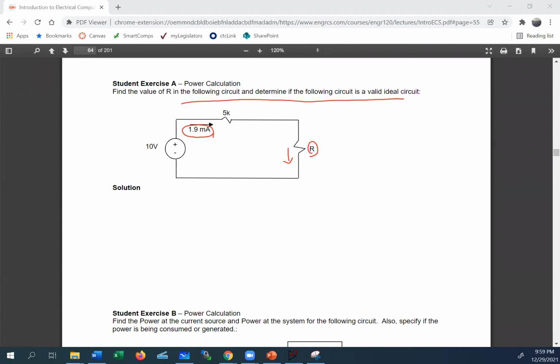One way would be to say, okay, I can add these two resistors together and redraw my circuit. We are getting a little bit ahead of ourselves, but that's okay. So it's 10 volts, or I can do sum of powers. I think it's easier to do that. So we have two resistors, and I'm going to turn everything to ohms. So I'm going to say this is 5K, 5,000 ohms, plus R, because they're connected at one end.